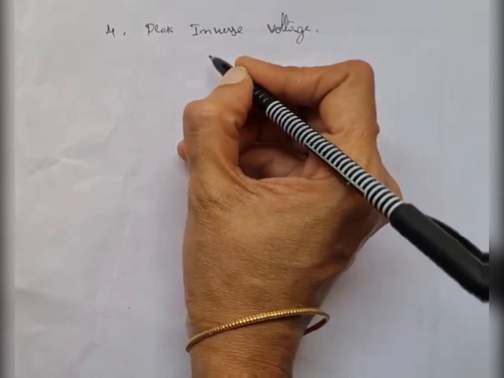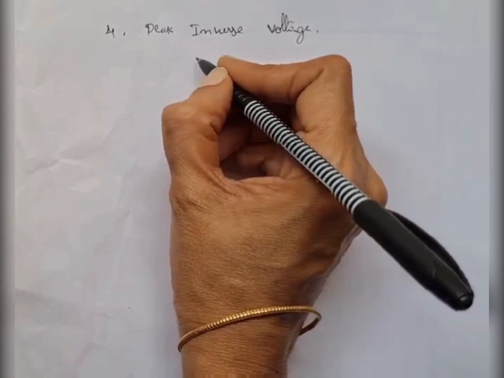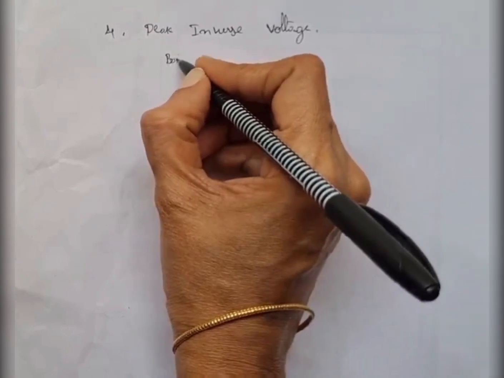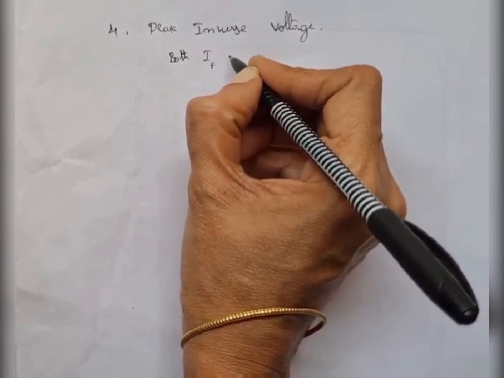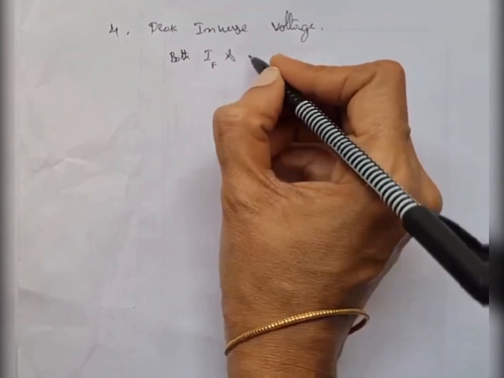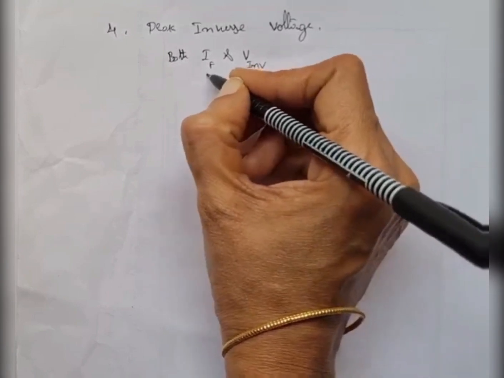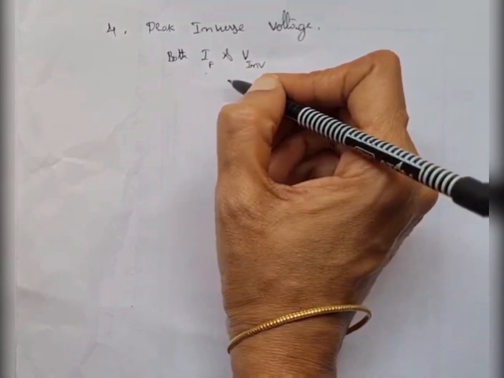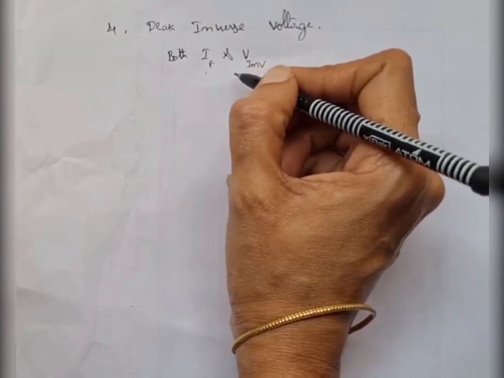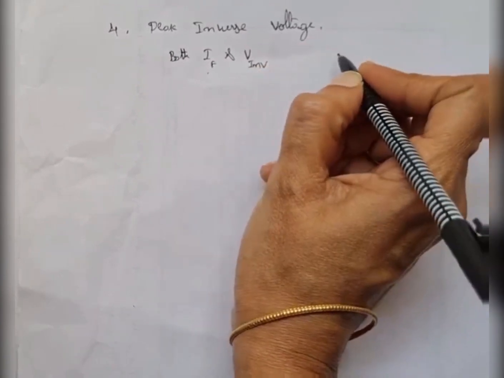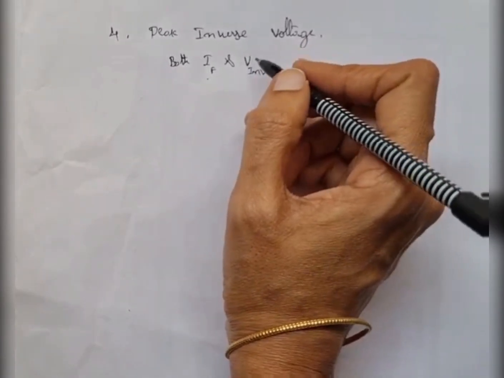When it exceeds the rating, the junction is destroyed due to overheating. Both maximum forward current and peak inverse voltage depend upon the heat. If heat is increased, then the junction is destroyed. So both terms are mainly under the rating condition.